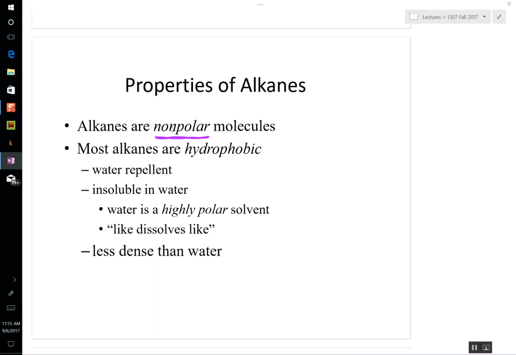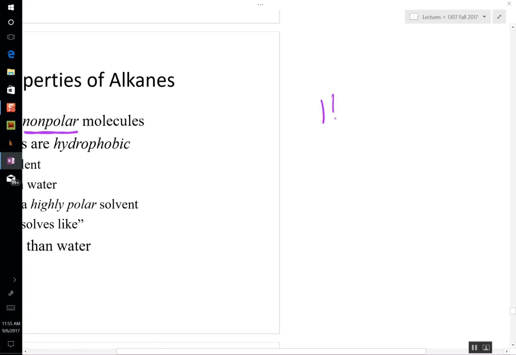Water is a polar molecule. It has some charge separation in it. The oxygens are on the negative side. We usually put a delta negative there. Delta positives on the hydrogens. So the water molecule has some poles to it, like a magnet does. It's got a negative end, and it's got positive ends to it.